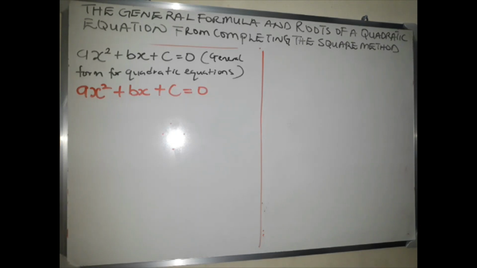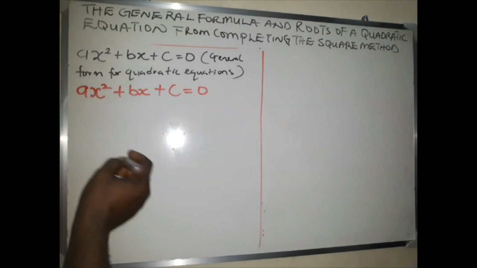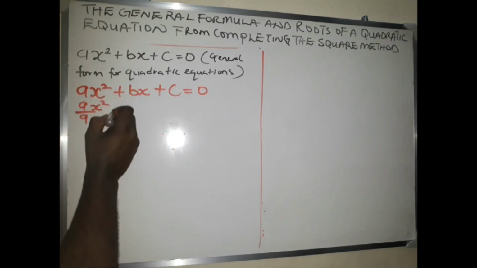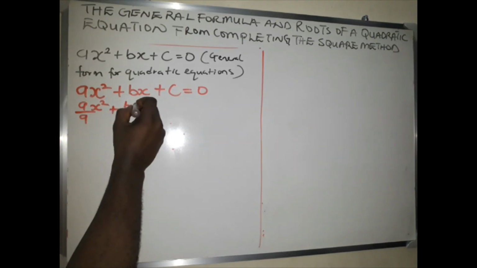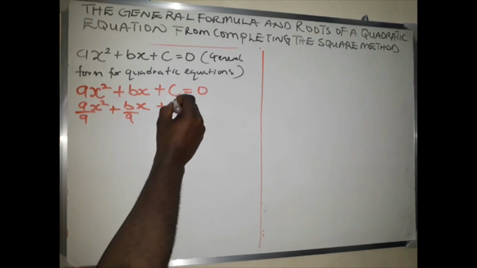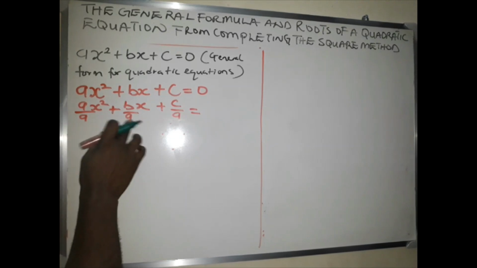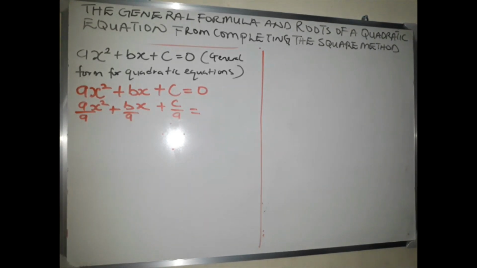Now, by applying the completing the square method, the first thing we do is to ensure that the coefficient of x squared is 1. So we're going to divide the equation by a, all through by a, so that the coefficient of x squared will be equal to 1.